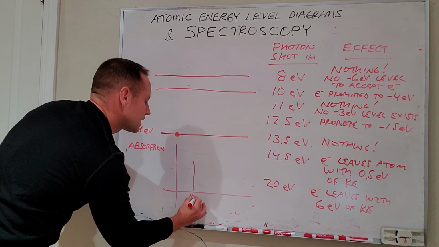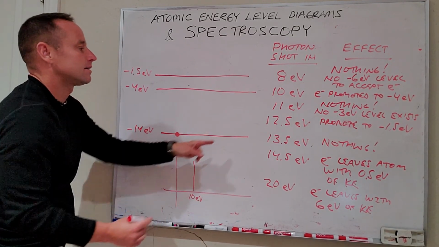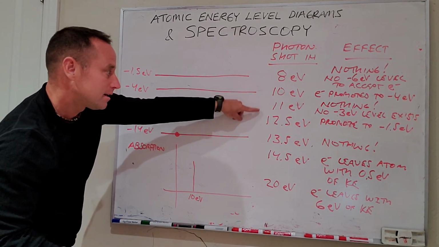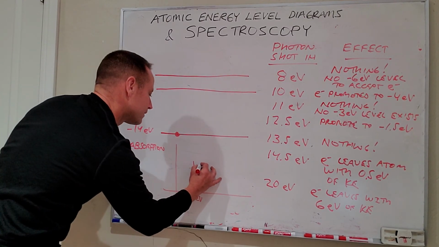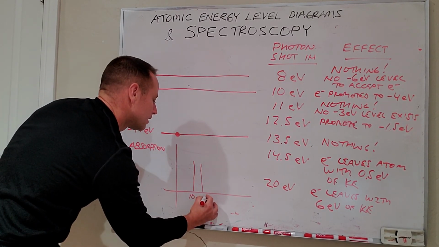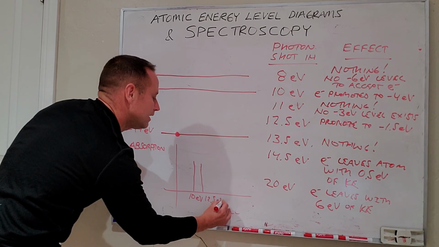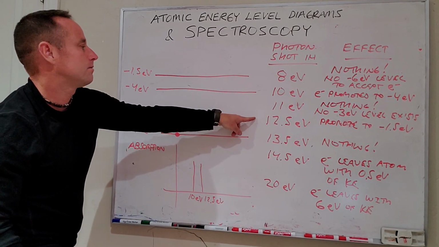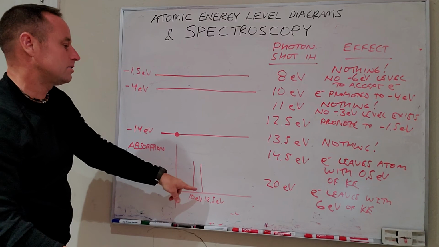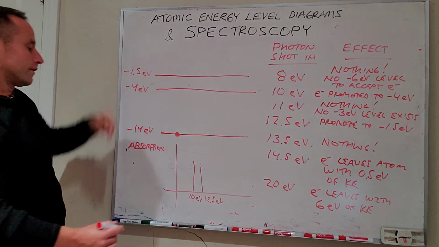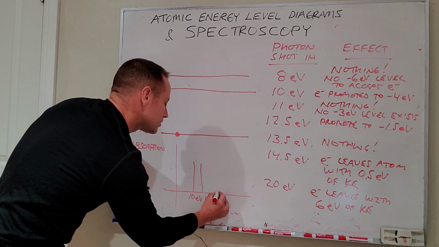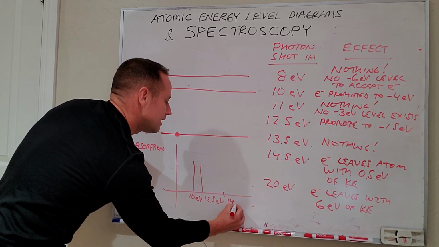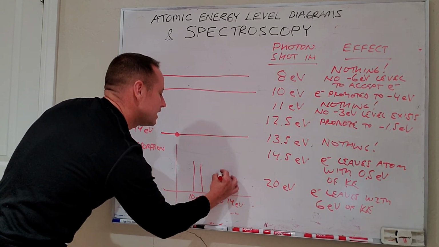It'll take, what else did it take? It took a 12.5 eV. So it'll take those two, and then it will take anything over 14. So once you get to 14 eV, it would take anything above that.